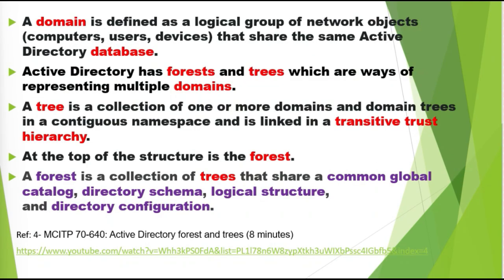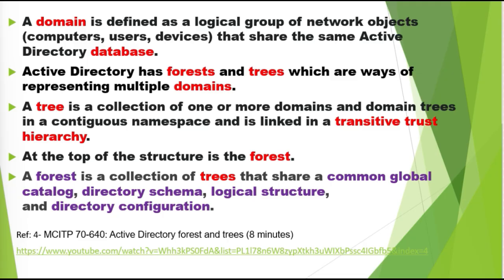Next, let's look at the Active Directory terms. So in Active Directory, we have a few terms. One is a domain, which is defined as a logical group of network objects, for example, computers, users, devices, and they share the same Active Directory database.